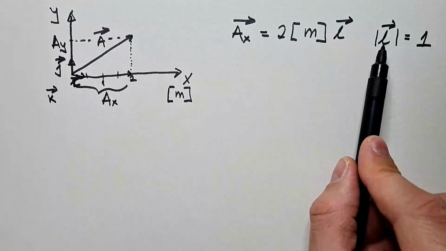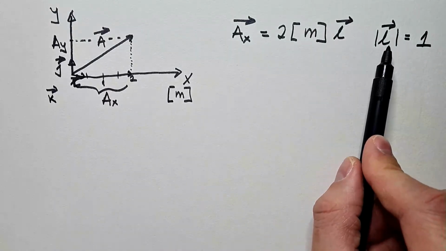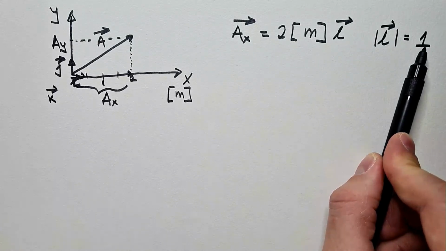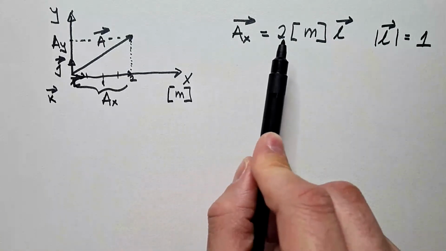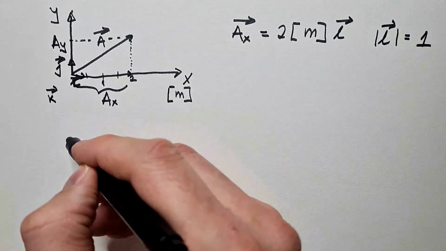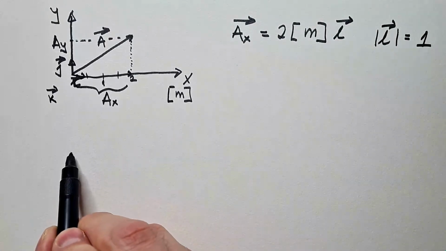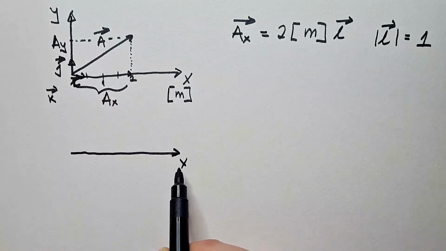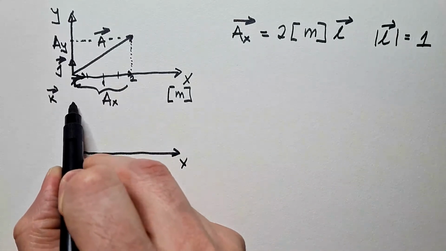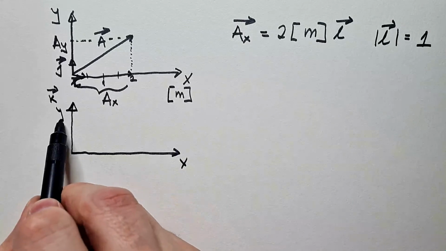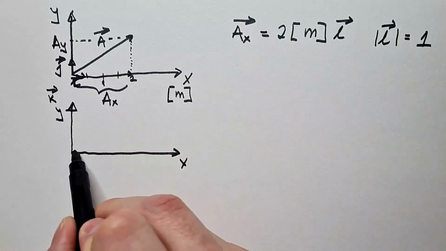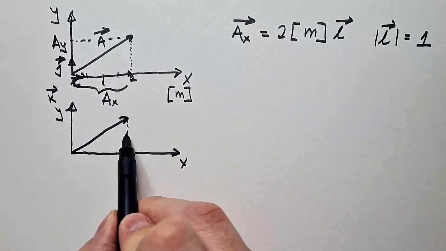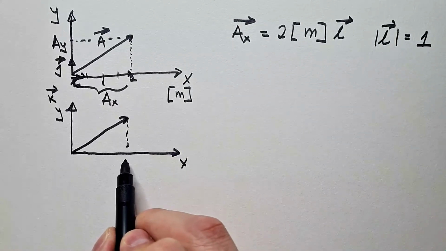And to prove to you that the intensity of a unit vector is always 1 regardless of the coordinate and the units, I will plot right here another x-axis and another y-axis, in other words, another coordinate system, and I will have the same vector A right here. I will get my component Ax.